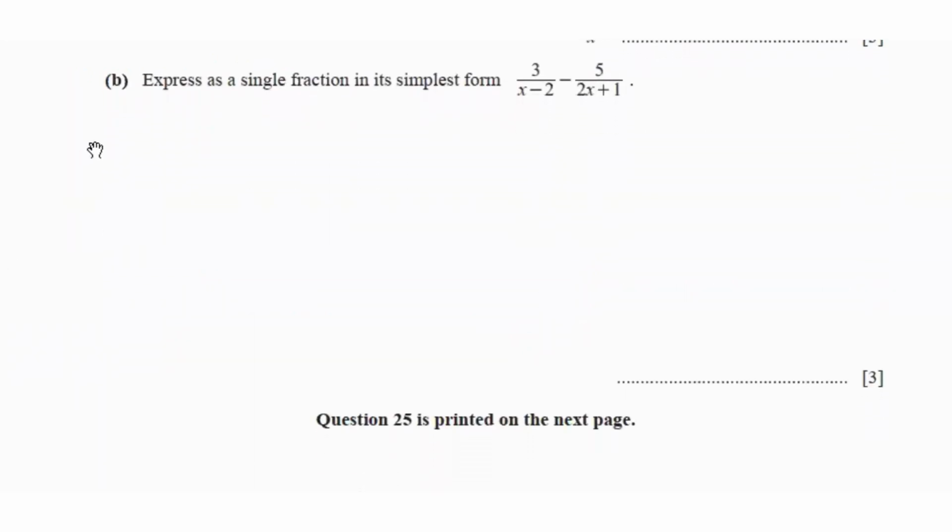Express as a single fraction in simplest form, 3 over x minus 2 minus 5 over 2x plus 1. I'm going to start by making the denominators equal. So that means I'm going to multiply the first fraction by 2x plus 1.